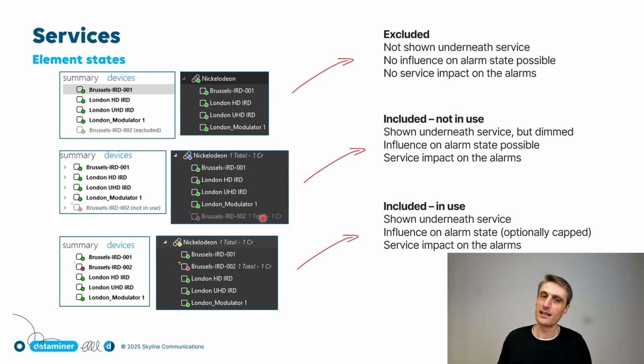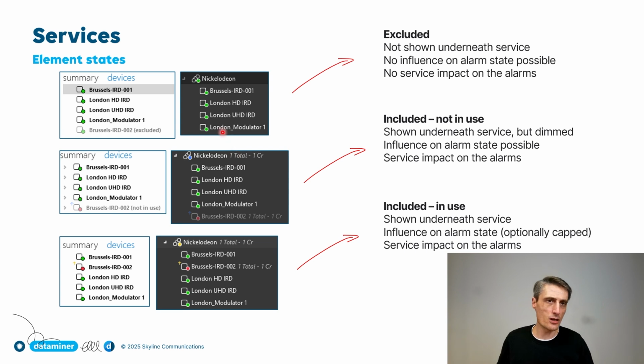But be aware, be careful there. There's a not in use device, a device which is currently not in use, which is critical. So therefore, my service is in a warning state, just to draw a little bit of attention, like be careful here, that backup is not ready there to take over anymore. So that's the subtle difference.